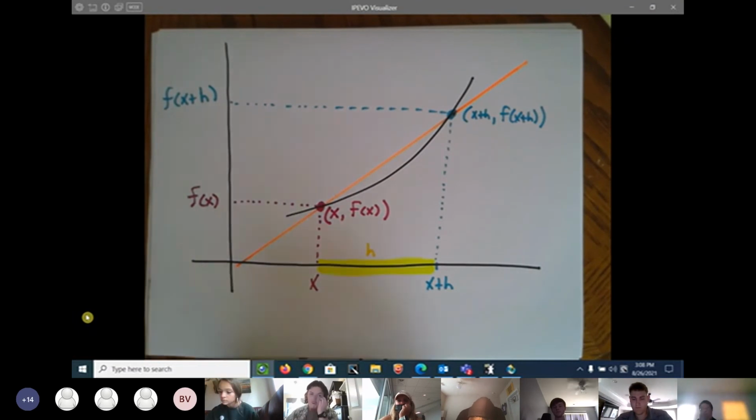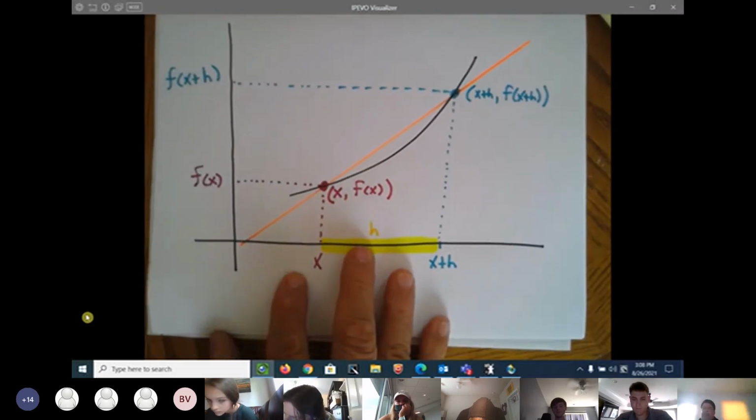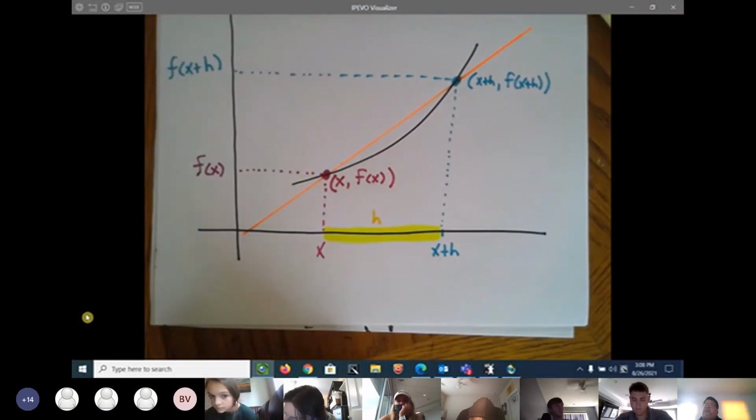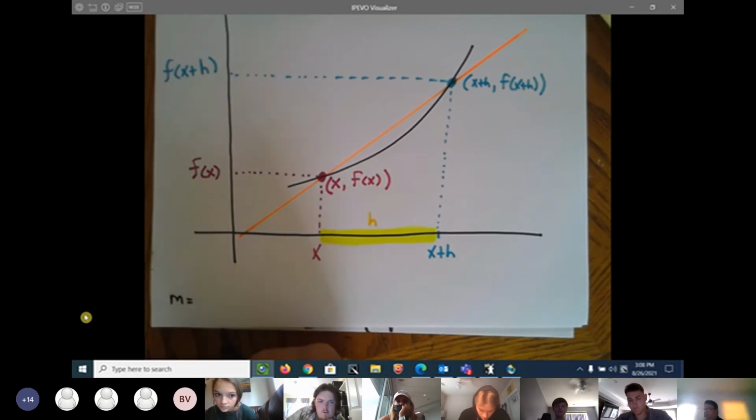Somebody tell me from your pre-algebra, algebra 1 days, what is the definition of slope? Rise over run. Okay, you are correct, but that's not what I'm looking for. I want you to explain rise over run, meaning the difference in y over the difference in x.